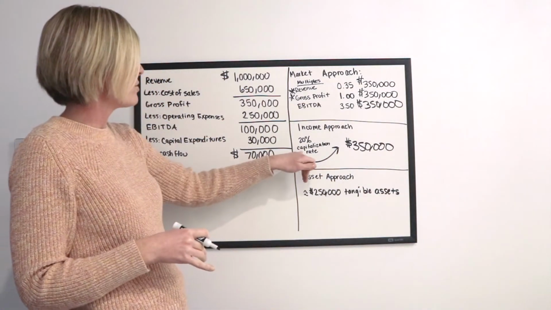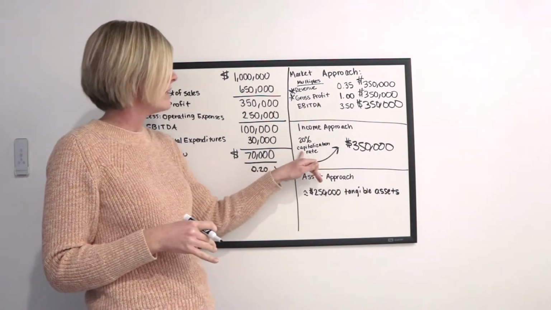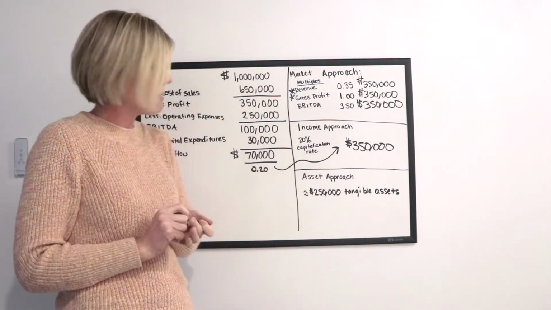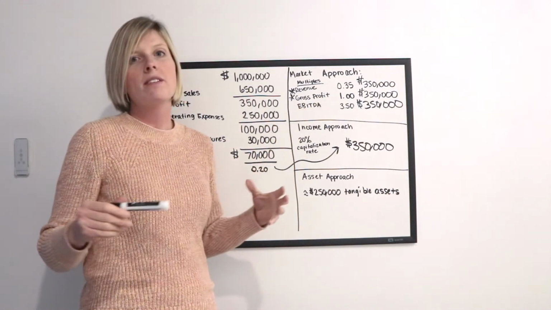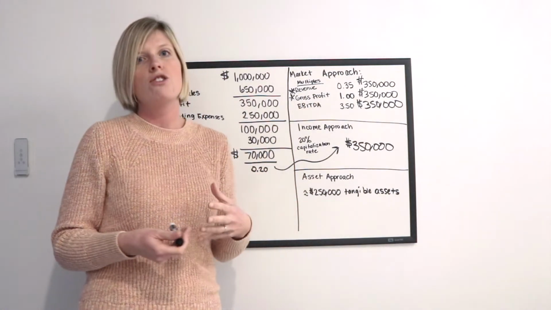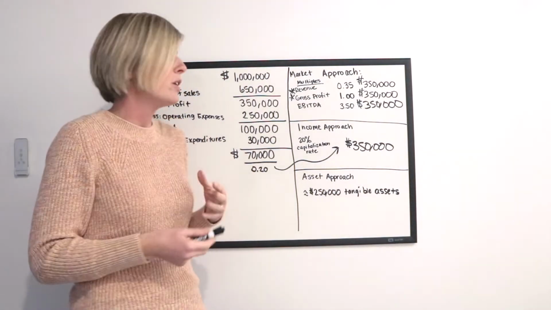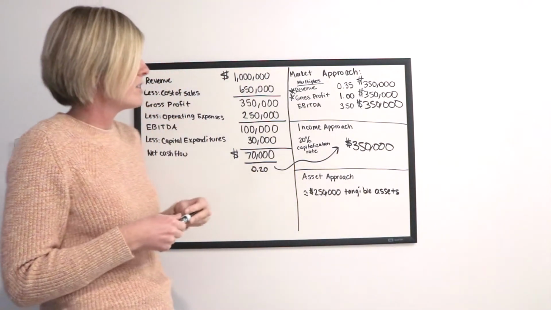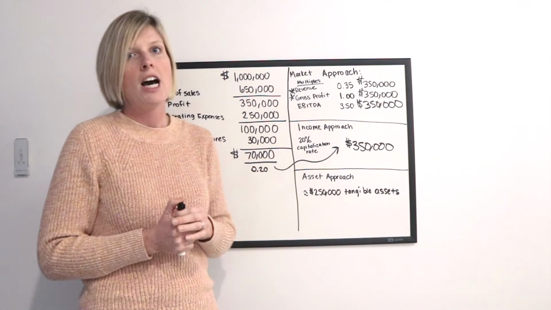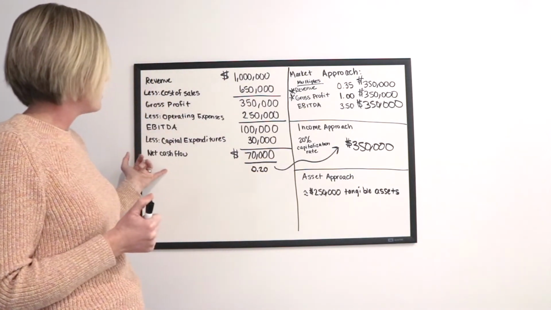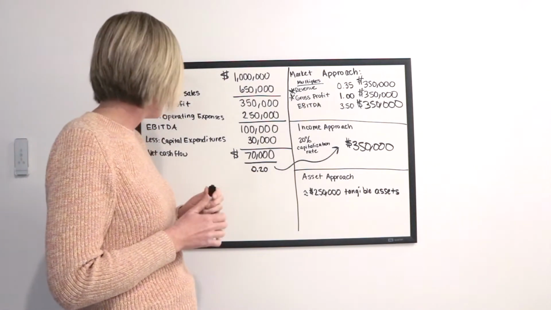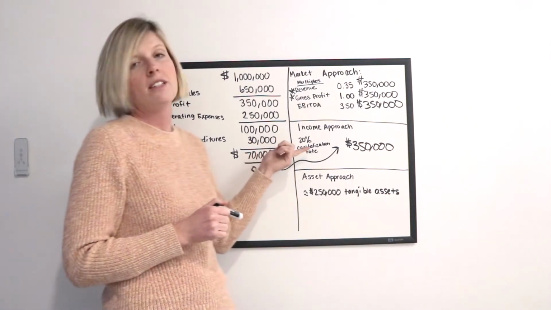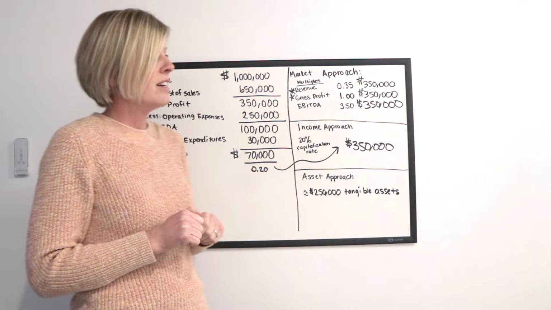This capitalization rate is going to be based on a lot of the same things that our multiples are based on. They're going to be based on what's standard in the industry, what kind of return different investors in this industry are looking for. Also, we didn't consider income tax over here in our illustration, so that would be considered over here as well, right?